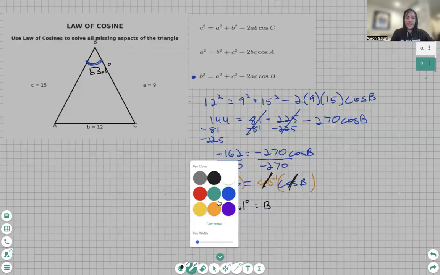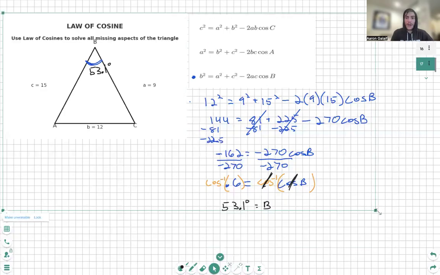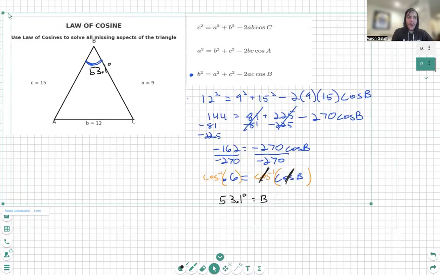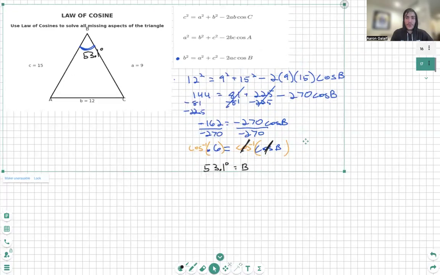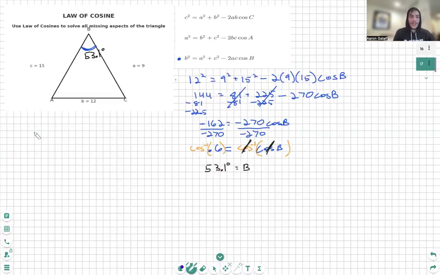Now, after we've solved for that, we can use the law of sines to finish up our other angles. So we just need to find one more angle, and then we can use the fact that all the angles add up to 180 to find the last one. So what I'm going to do here is I have the sine of B over B equal to, and we're going to solve for the sine of A over A. Perfect.